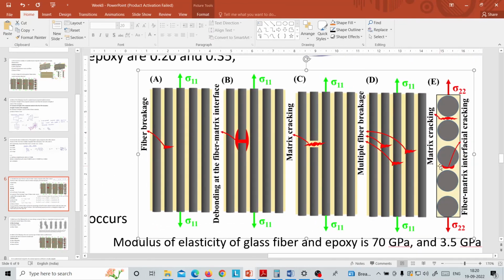You can see for the fiber to pull out, the boundary of this fiber needs to leave the matrix medium completely. Only then will it pull out. That's why 40 to 65% comprises matrix failure along with fiber failure. But for less than 40%, it's only fiber failure. That is in this case, it's similar to this case.